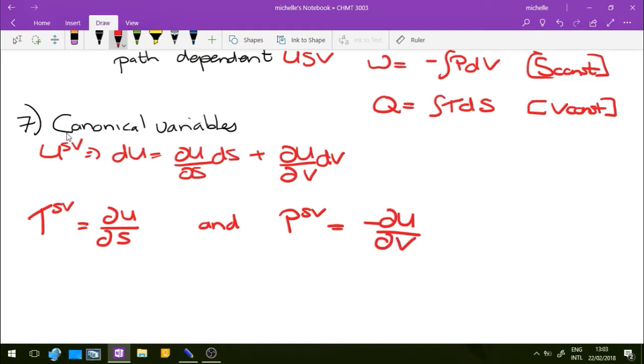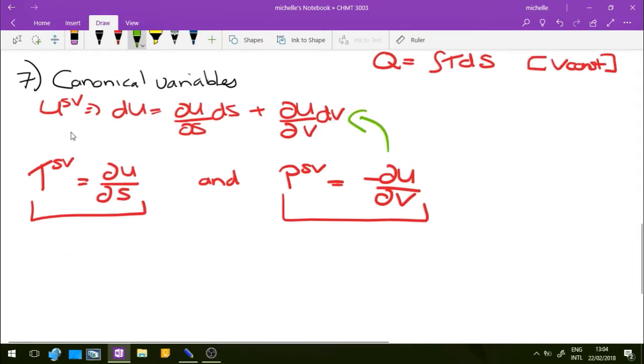So let us introduce two variables t and p. These are the thermodynamic definitions for T and P. And you go, okay, fine. So knowing this, what can we do? You can substitute it into this equation over here.